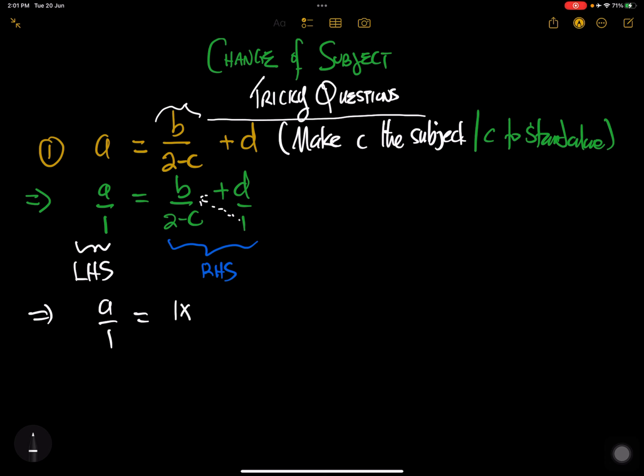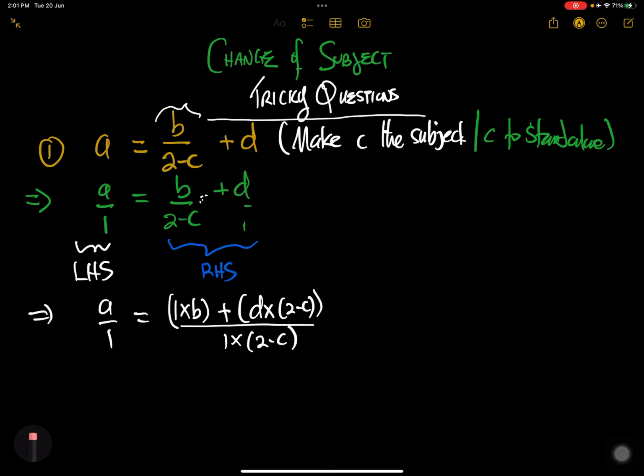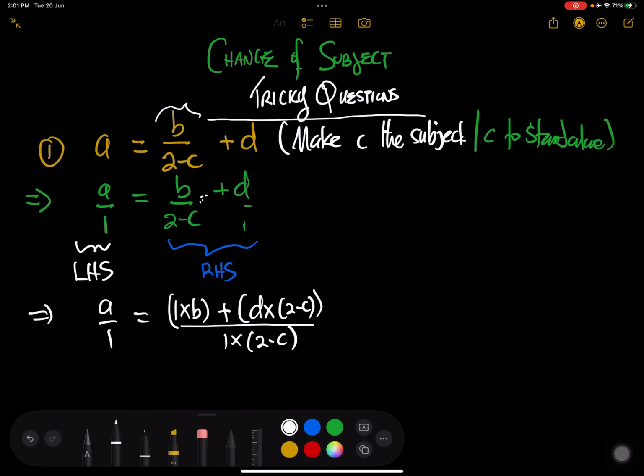So we're going to get 1 times B, and then we add the multiplication of D by 2 minus C. And then we're going to divide that by 1 multiplying 2 minus C. Now, we are using these rules from our fractions that we did. So please don't forget, we cross multiply and also multiply the denominators together. So that's where the magic is actually coming from, if you're wondering what's going on.